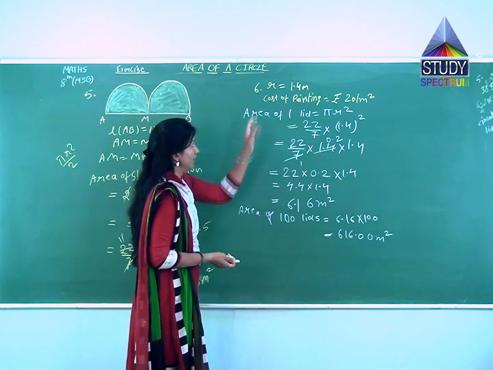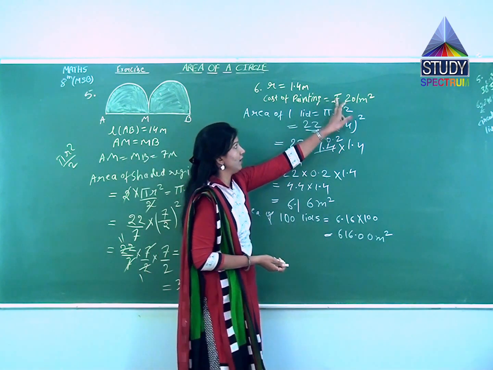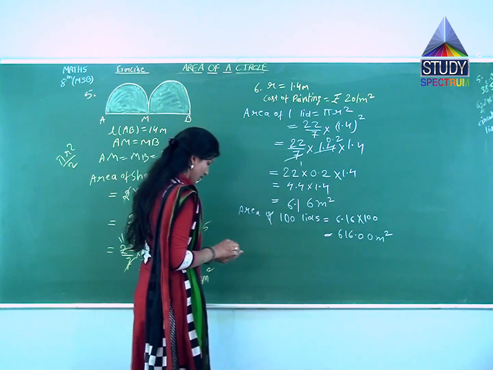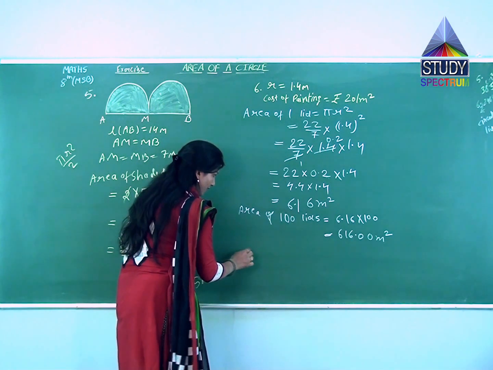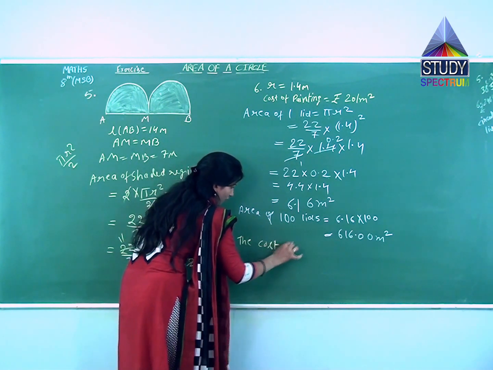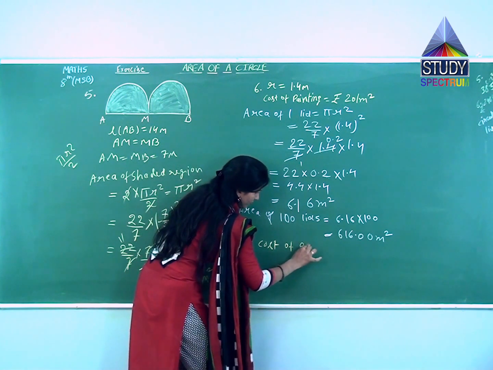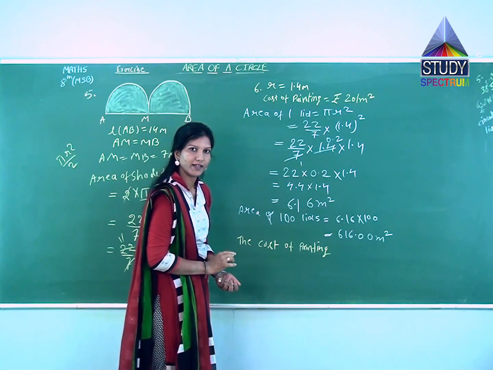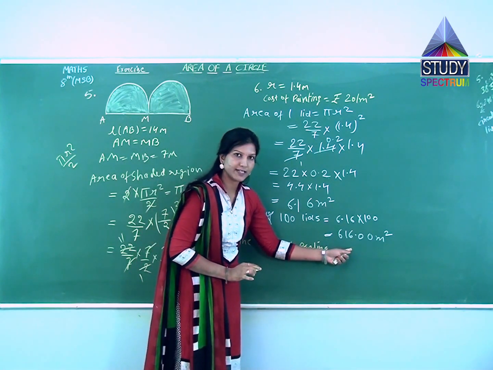Now the cost of painting is ₹20 per meter square. So here in the next step we will write the cost of painting. कितने मीटर स्क्वायर को हमको पेंट करना है? 616 मीटर स्क्वायर.